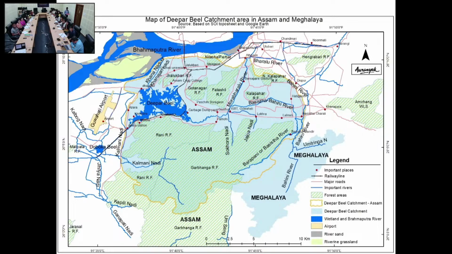Okay, और यहाँ क्या है? If you visit this site, sluice gate, they close the gate during high water level in Brahmaputra.